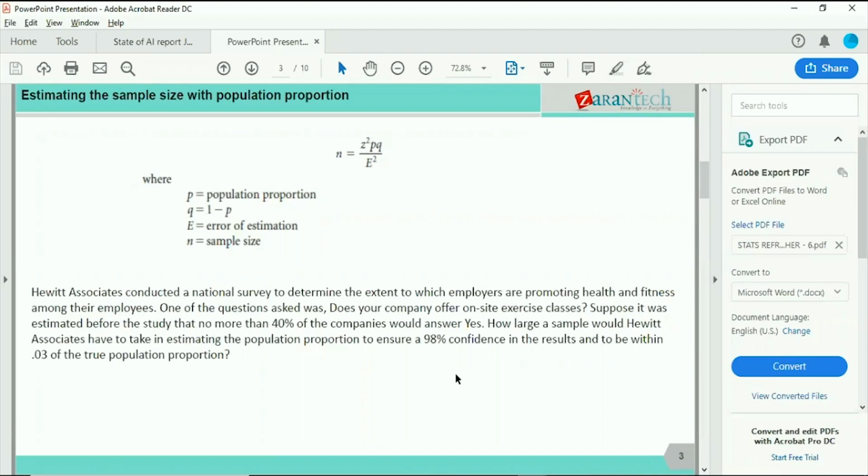Correct. And then we put in that formula norm dot s dot inverse of 0.01, and the value is 2.32. Correct. So 2.32 whole square into 0.4 into 0.6, divided by 0.03 square.